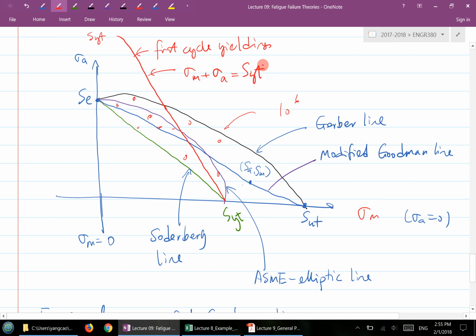So if sigma A plus sigma M equals SYT, from the static loading point of view, we're basically at the yielding condition. That's why this is called the first cycle yielding line.